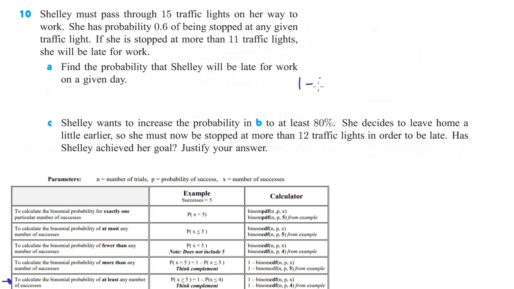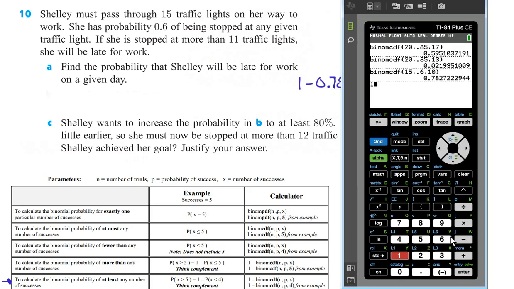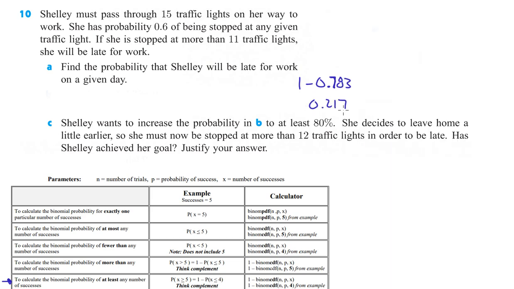So we do 1 minus 0.783, and we get 0.217. So there's a 21.7% chance she's going to be late for work.